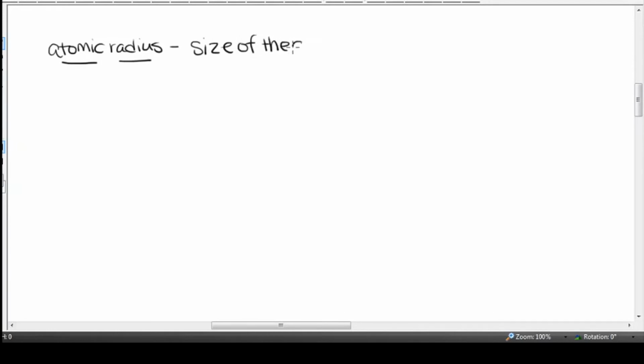How big is the atom? But because you guys know more than a third grader, you would say that the size of the atom really is the distance from the nucleus to the outermost electron.